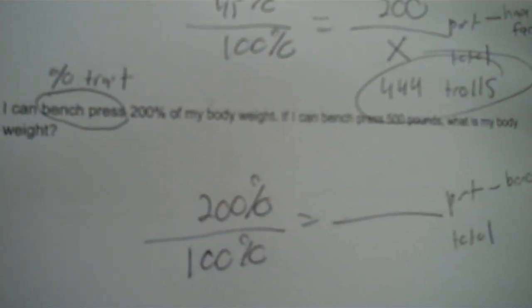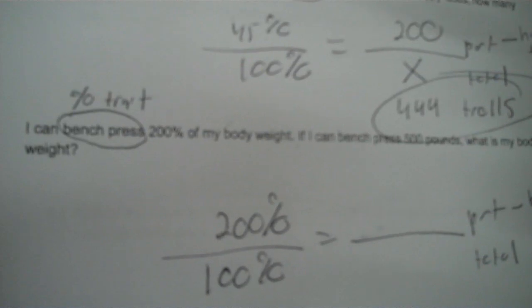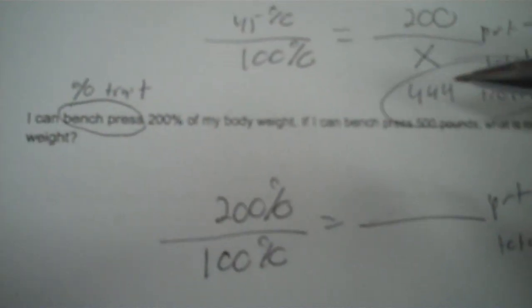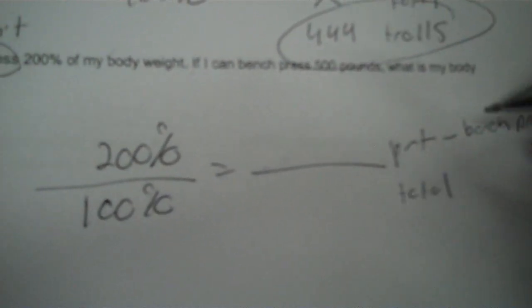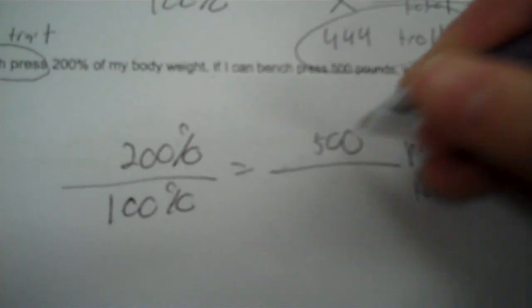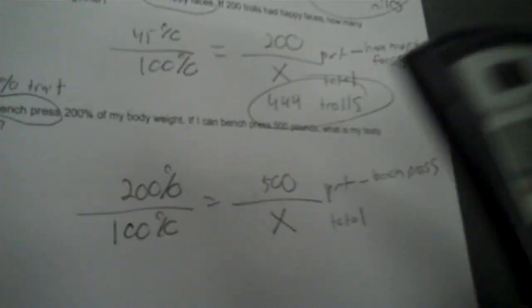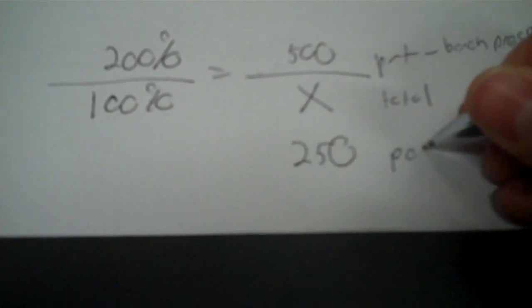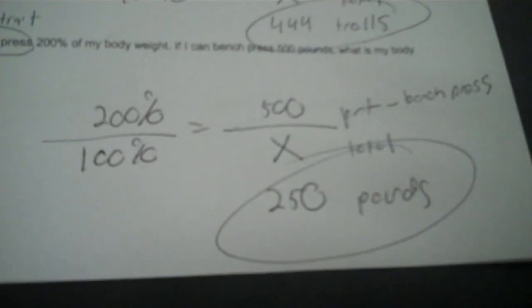Now I want to see if I can bench press 500 pounds, or whether it's 500 pounds total. I can bench press 200% of my body weight. If I can bench press 500 pounds, okay, so I can bench press that. What's my body weight? So my total is the body weight. 100 times 500 divided by 200 is 250. So you weigh 250 pounds.